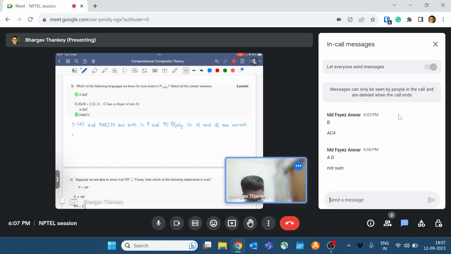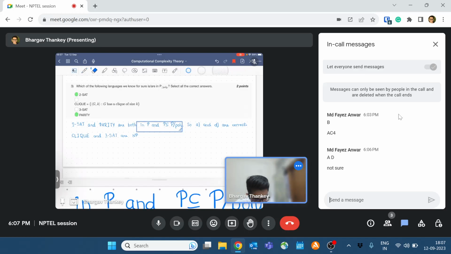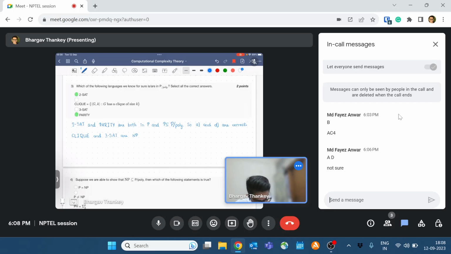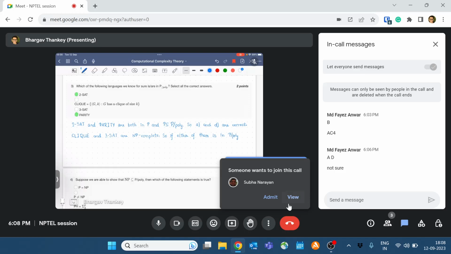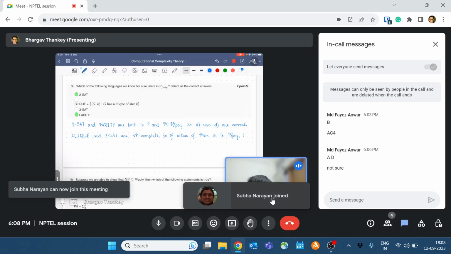Now, clique and 3SAT are NP complete. So if either of them were in P slash poly, then NP is in P slash poly, and PH collapses, right?